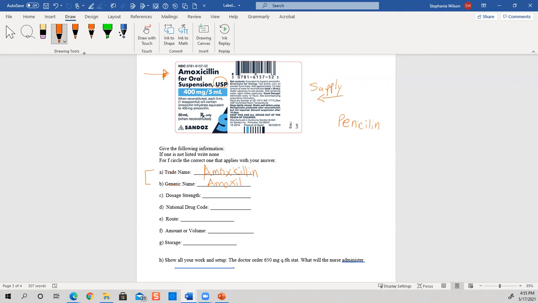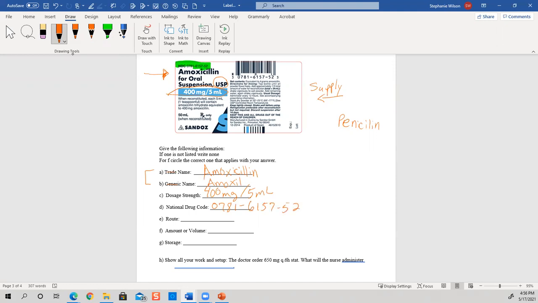Dosage strength. So what does it tell me about the dosage strength? This here, 400 milligrams. So that's the strength per 5 milliliters. That's the dosage. National Drug Code. That is this here. So I would write that number here, 0781-6157-52.